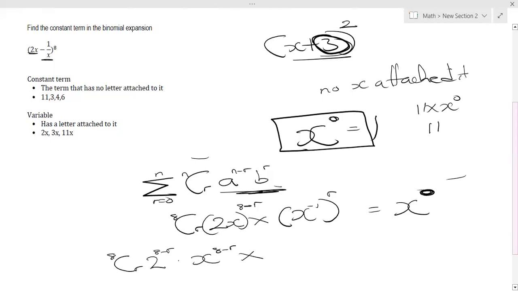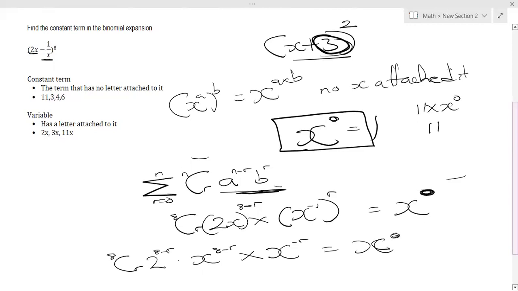Using the law of indices, x raised to power a, all raised to power b, becomes x raised to power a times b. So minus 1 times r becomes minus r. So we have x raised to power minus r equals x raised to power 0. Let's focus on that first.